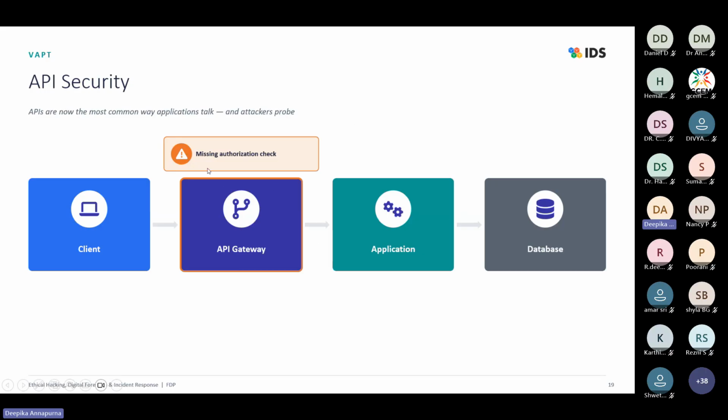What if the API is missing authorization checks? The data, the usernames, passwords, everything will get leaked or exposed, right? So that is the first step we need to verify in API security. Before the application interacts with the database, the client will go through the API gateway. For example, we have seen Canva, right?